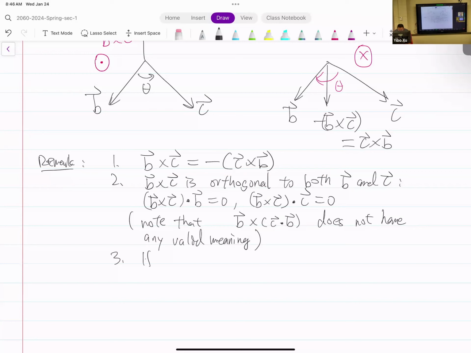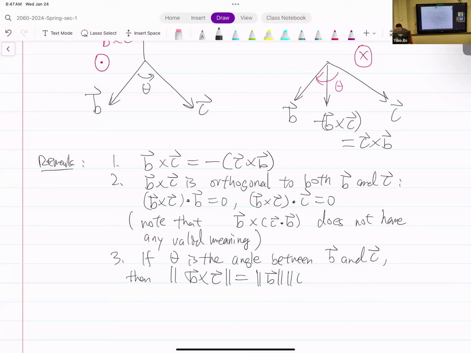Remark 3, if theta is the angle between B and C, then the magnitude of B cross C is exactly the formula for the area of the parallelogram formed by B and C. So the magnitude of B times the magnitude of C times sine theta.